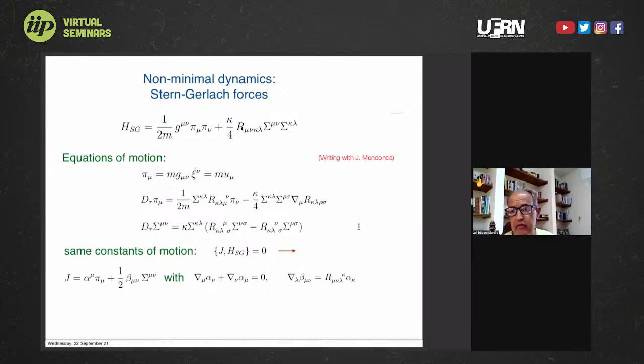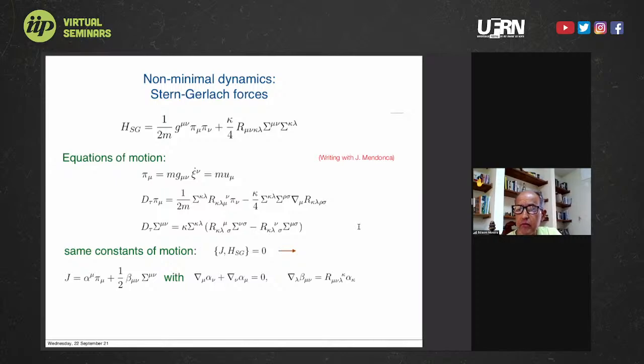That wouldn't violate the equivalence principle in the sense that you cannot eliminate the curvature at a point in the space-time. Usually in general relativity you can eliminate the gravitational field locally by a choice of coordinate system.